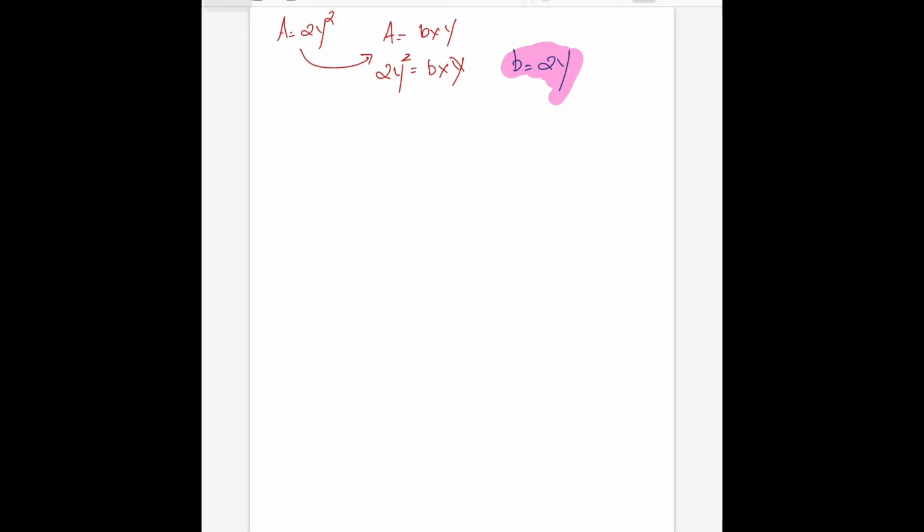Also, hydraulic radius R is equal to A by P, where A is B into Y and wetted perimeter P is B plus 2Y. This is equal to 2Y times Y over 2Y plus 2Y, which I got by substituting B over here.